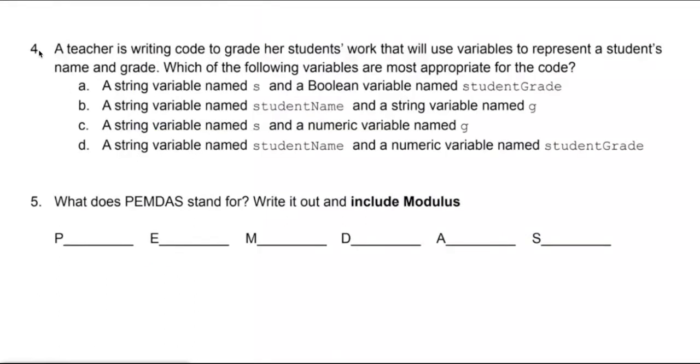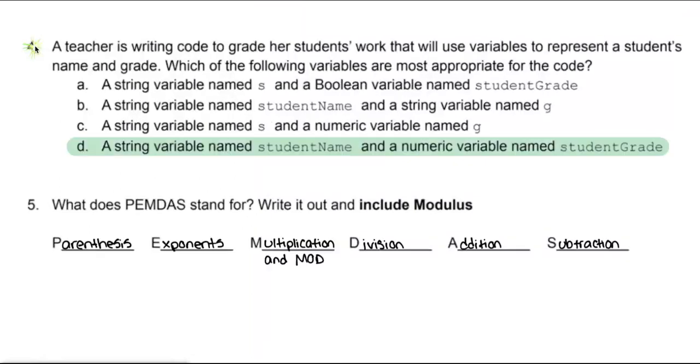Number 4 is similar to number 2. It's asking the best variables to represent a student's name and grade. And then also number 5 is asking what PEMDAS stands for.